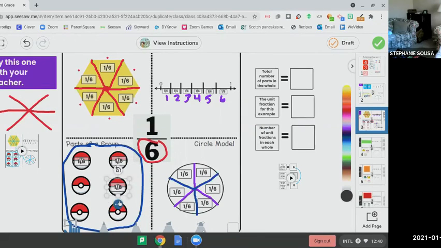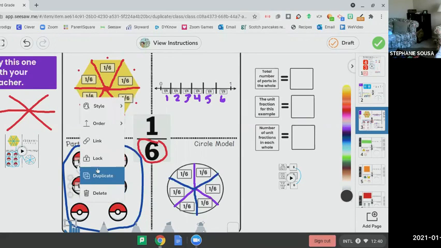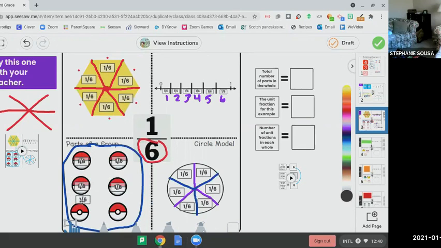And I will do the same thing for the remaining 3 1/6 pieces, so that I have a total of 6 1/6 pieces. Boom. Each Pokeball represents 1/6 of the total Pokeballs in the backpack.